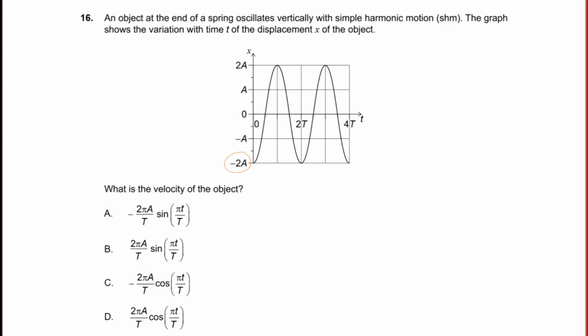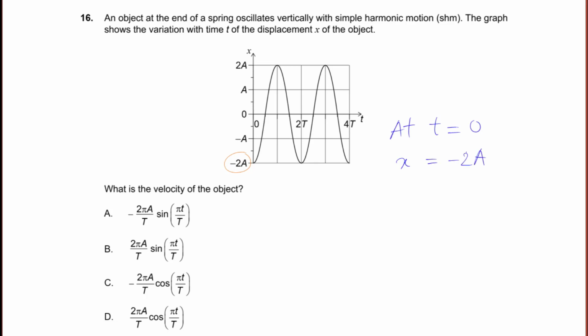And the question is about the velocity of the object. In order to answer this question, we just do as follows. The initial position at time 0, when we start the clock to describe the motion, the x is -a.